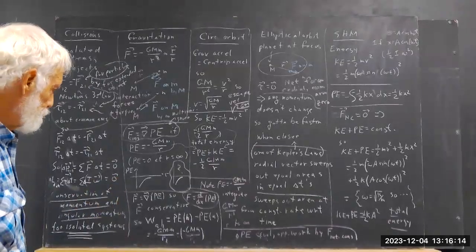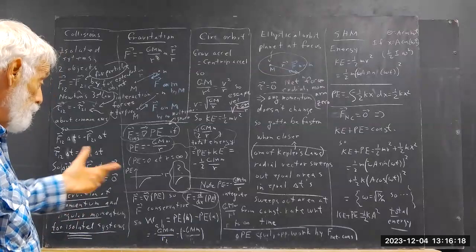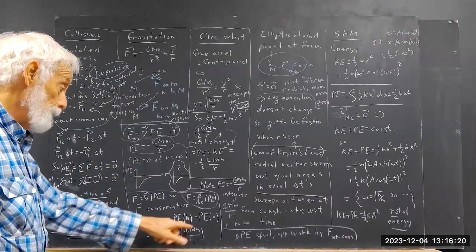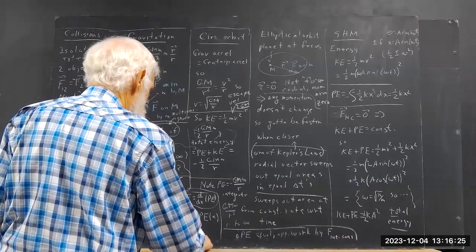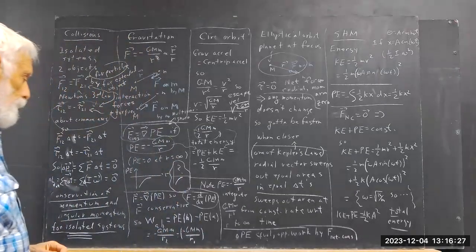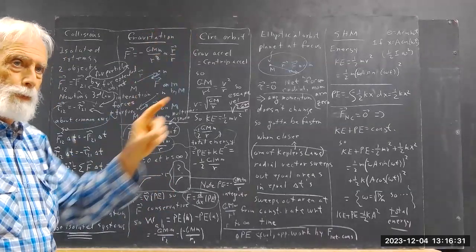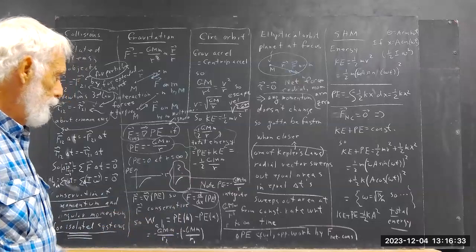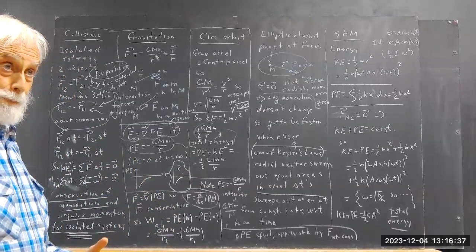Let me make sure. So it's negative big G, big M, little m over R2 minus big G, big M, little m over R1. And is that right? Okay. If I'm moving away from the planet, the work done by the conservative force is positive.